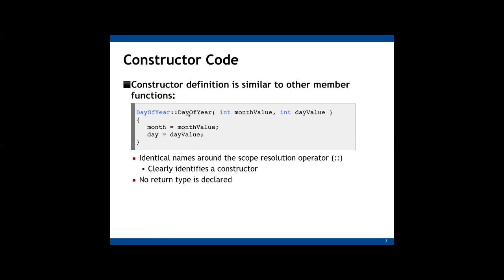But note that there is no return type because a constructor does not return any value. The other part of the constructor definition is the same as ordinary member functions. We put the logic of the constructor inside of these open and close brackets. Note that I said that the main purpose of the constructor is to initialize member variables of the objects. So here, this constructor initializes the member variables month and day inside of the constructor body.